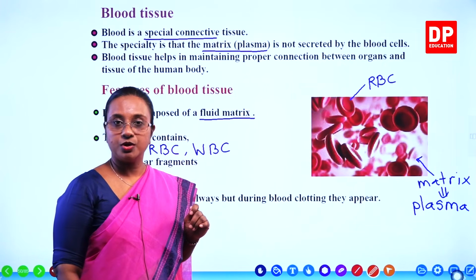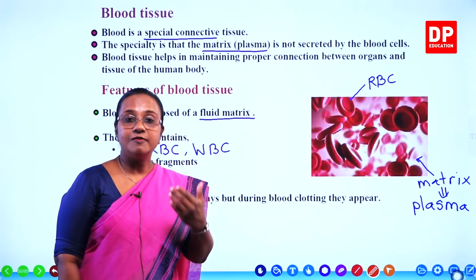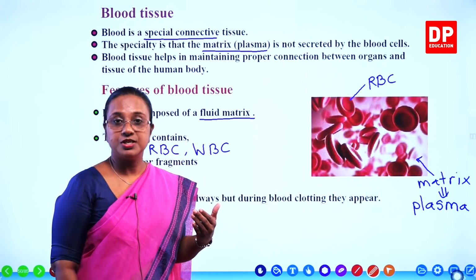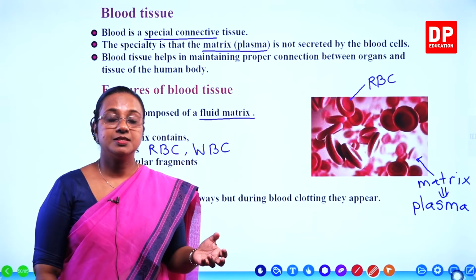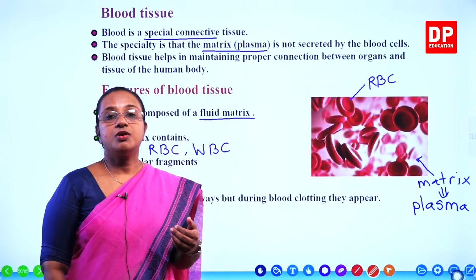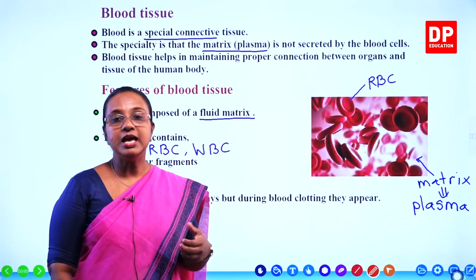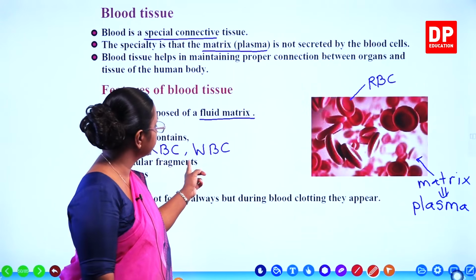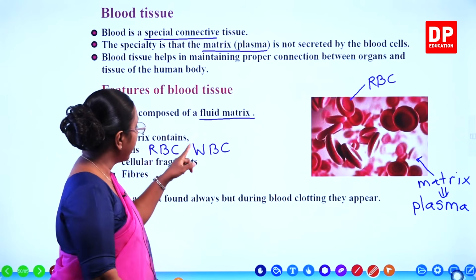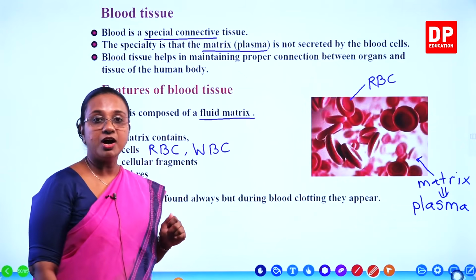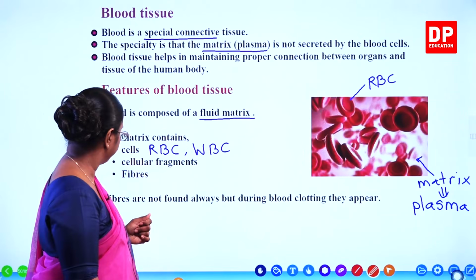They transport oxygen, and white blood cells are involved in phagocytosis, that is the destroying of pathogens, disease-causing microorganisms that enter the body. They are destroyed by these white blood cells. And there are different types of white blood cells, which we will discuss later.